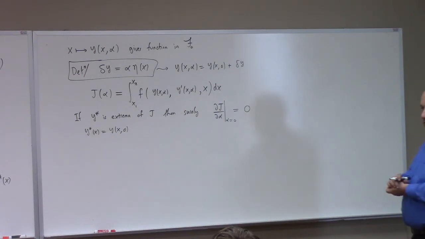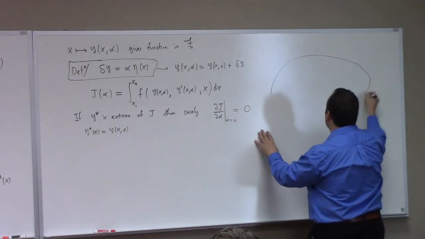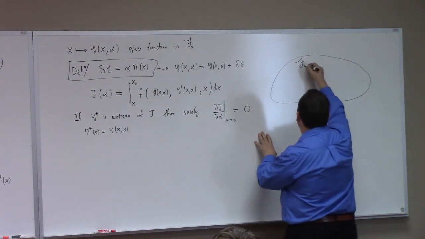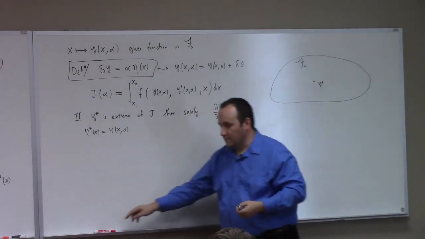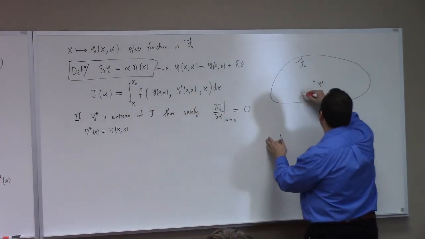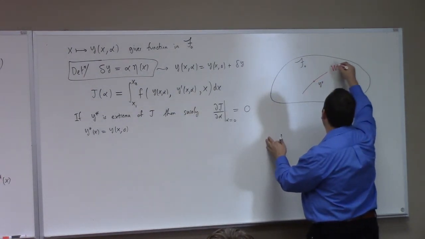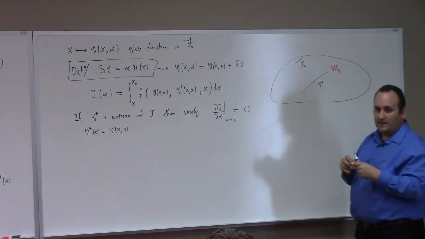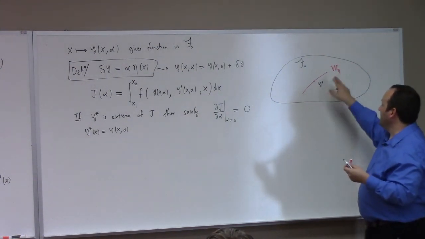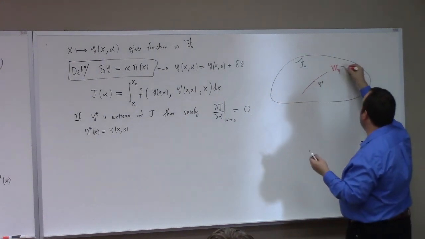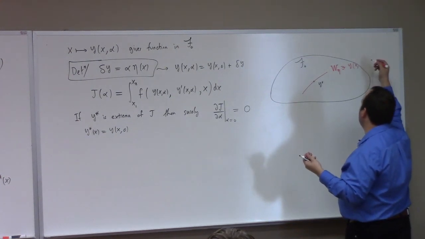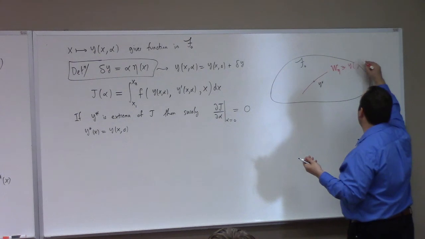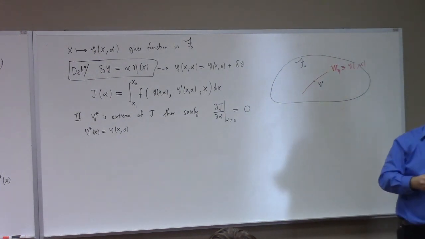To draw the picture sort of abstractly, it's something like this. F naught, the space of all functions. Here's my extremal point, y star, and then there's a path through here. Maybe I'll call it W sub eta. This contains in it y of blank comma alpha, those functions.